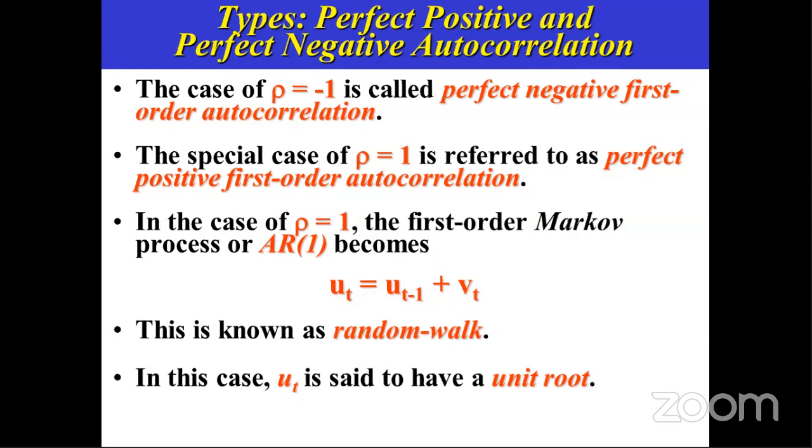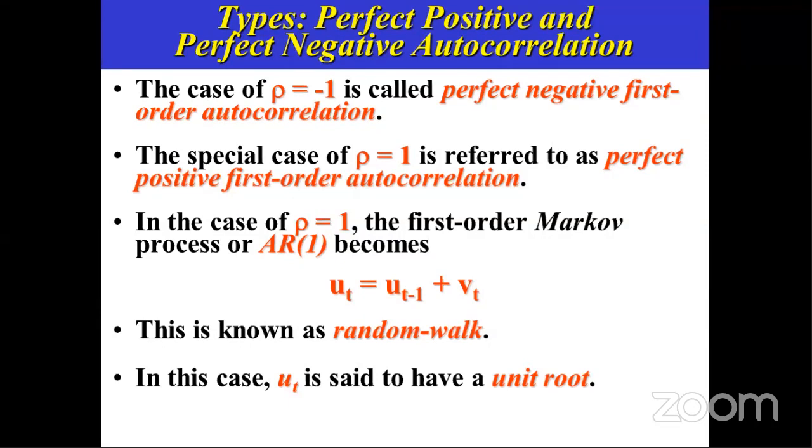The random walk is actually related to the rho value, or related to positive or negative value of the autocorrelation, more specifically the positive value of the autocorrelation. And if you have such a situation, that is u(t) is equal to u(t-1) plus v(t), where rho is equal to 1, that is called the unit root problem in time series analysis.